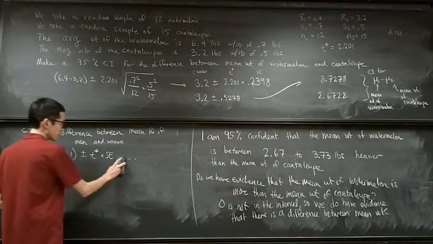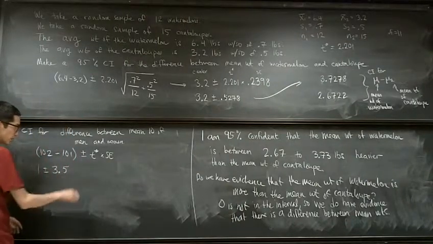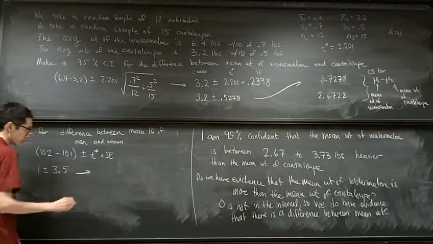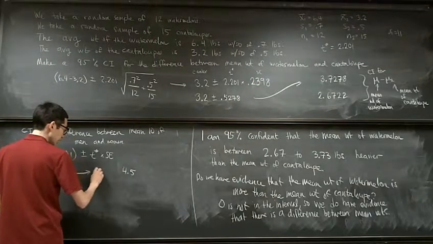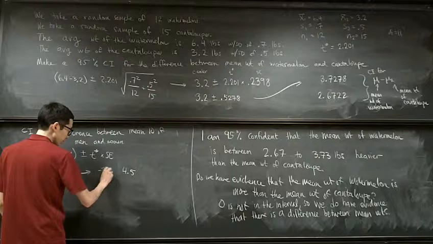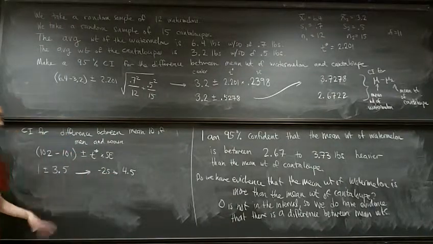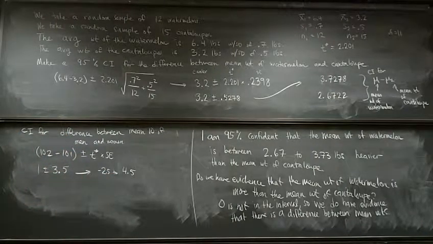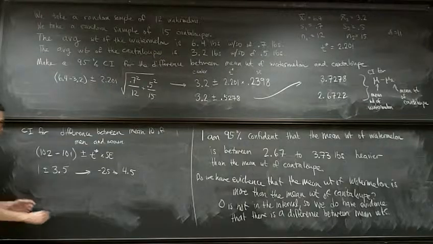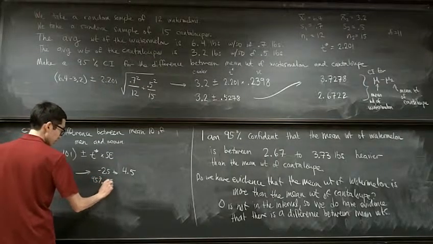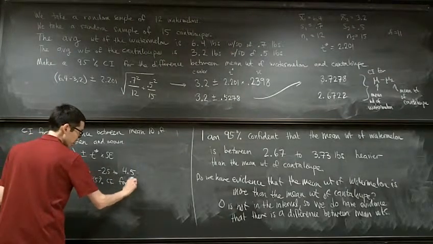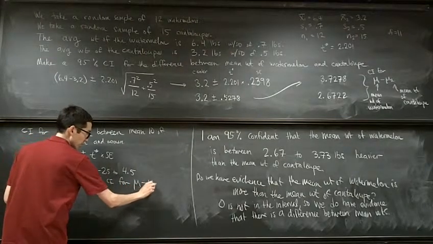On the high end I get 4.5, and on the low end I get negative 2.5 to 4.5. So this is my 95% confidence interval for mu1 minus mu2.